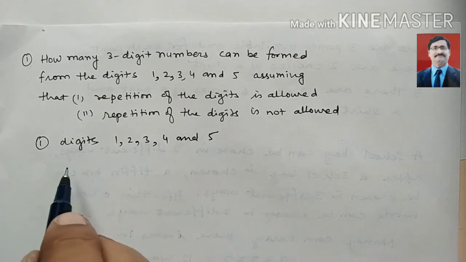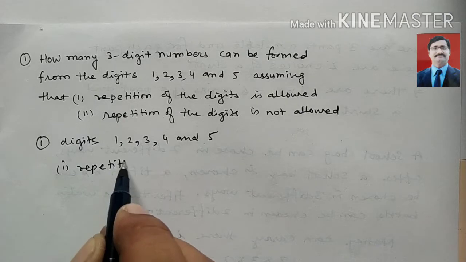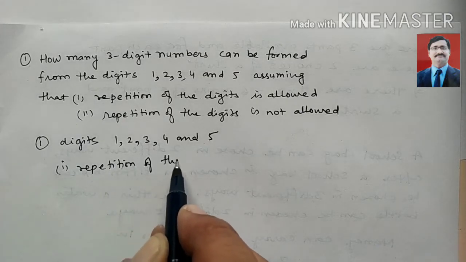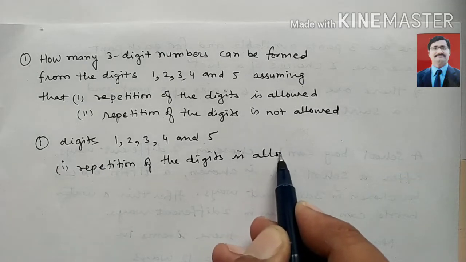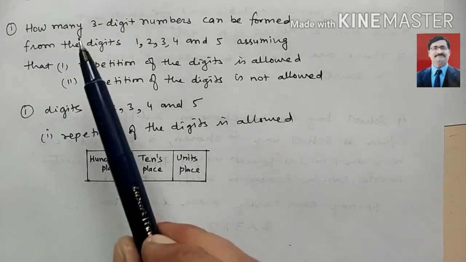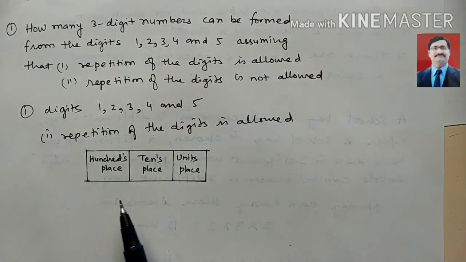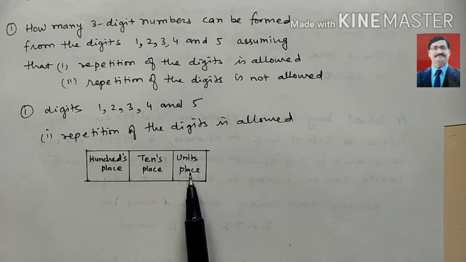Okay. And look here, the first question is that the repetition of the digit is allowed. First of all, we make a 3-digit number. So for the 3-digit number, we have 3 places: hundreds place, tens place and unit place.